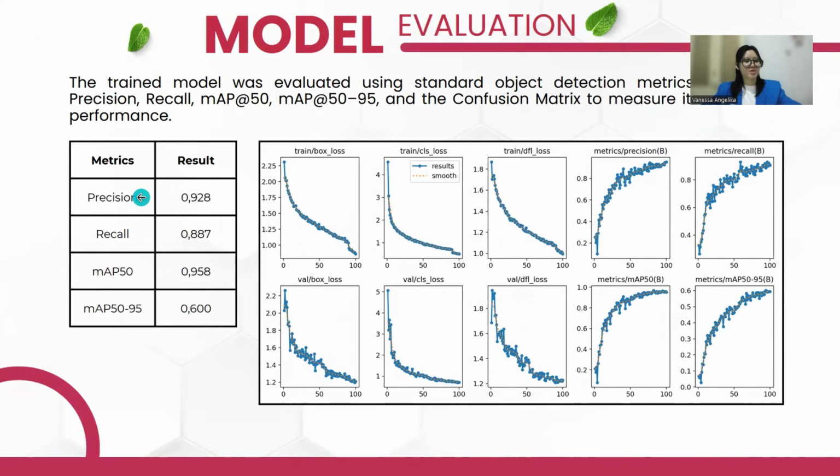The result for the precision is 0.928, or we can say the precision is 92%, and then the recall is 88%, and the mAP50 is 0.958, or we can say 95%, and the mAP50-95 is 0.600.